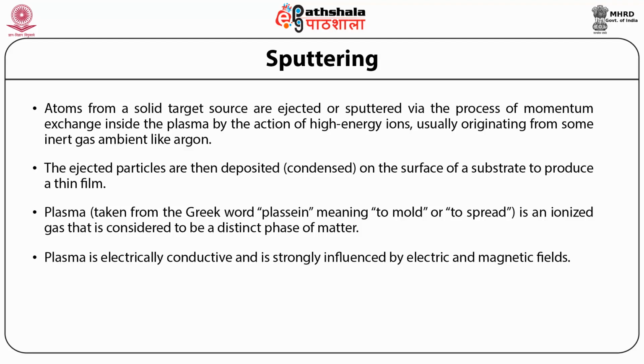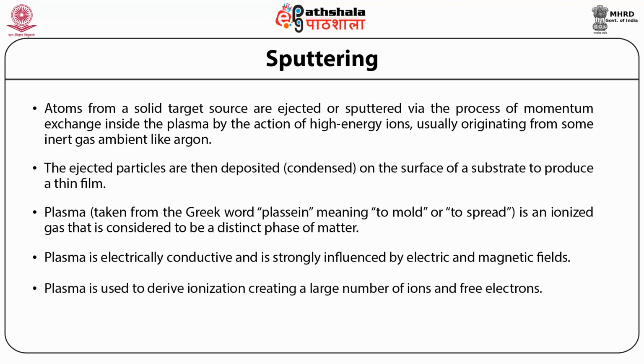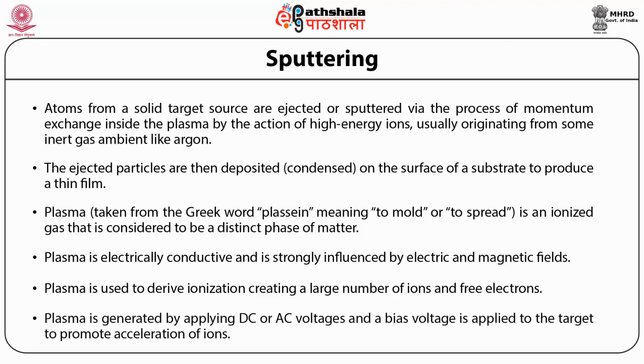Plasma is an ionized state of matter containing ions, electrons, and neutral species. Plasma is used to drive ionization, creating a large number of ions and free electrons. Plasma is generated by applying DC or AC voltages, and a bias voltage is applied to the target to promote acceleration of ions.